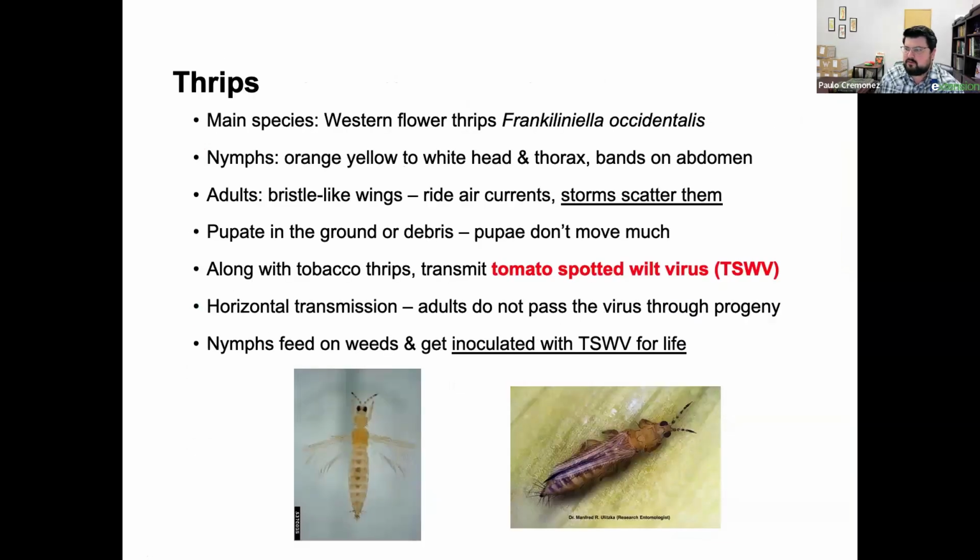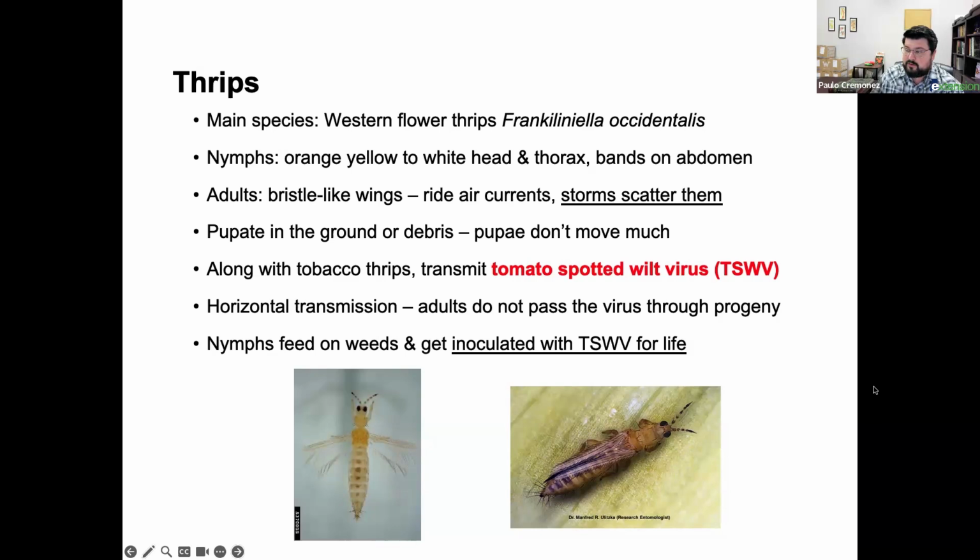Thrips management. The main species of thrips and some other species will also occur, but what we want to focus on here is the Western flower thrips. The nymphs are orange yellow to white, with the head and thorax, and they have characteristic bands on the abdomen. But usually we do the correct identification in the lab.